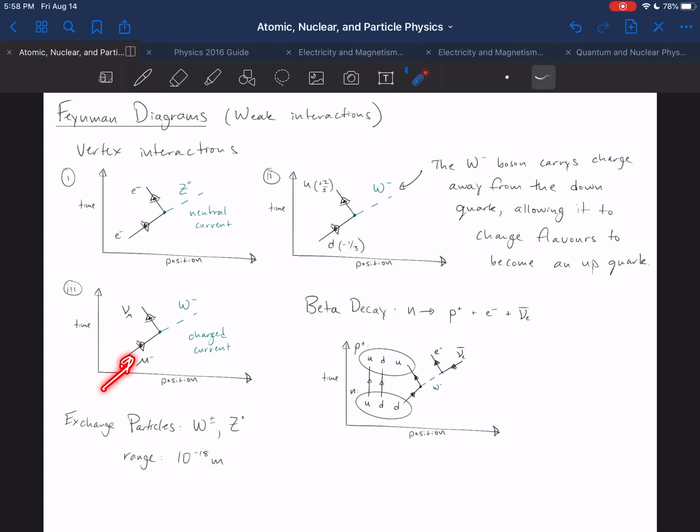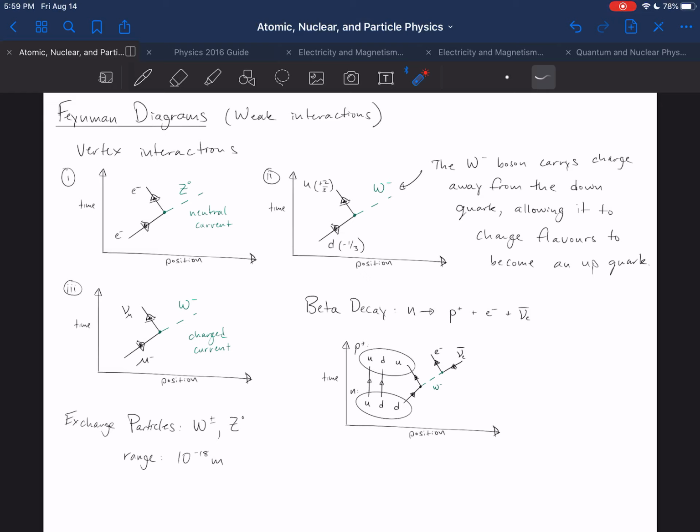In this particular case, we have a negatively charged muon. Recall that the muon is like an electron, but it's in the second generation. And that negatively charged muon is again going to emit a W- particle, so the negative weak boson. This is what is known as a charged current interaction, in contrast to a neutral current weak interaction.